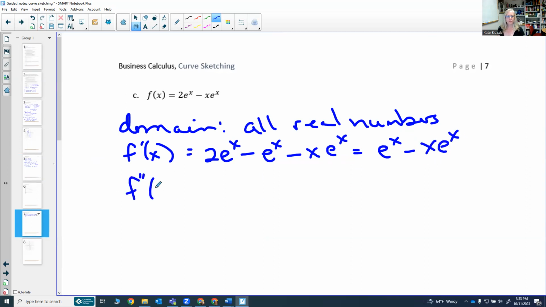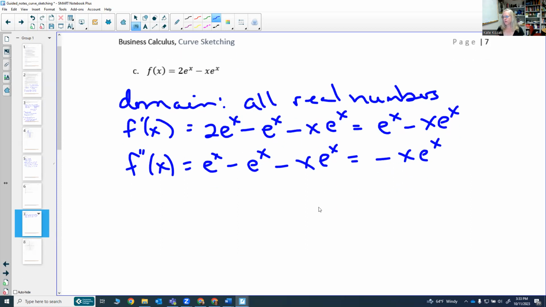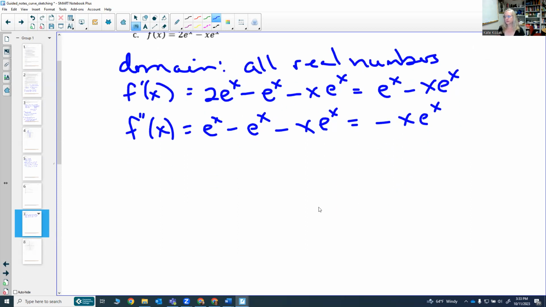The second derivative is e to the x minus e to the x minus x e to the x, again using the product rule. So you get minus x e to the x. Now set both equal to 0 since you want to compare the derivatives to 0. f prime of x equals e to the x minus x e to the x equals 0.